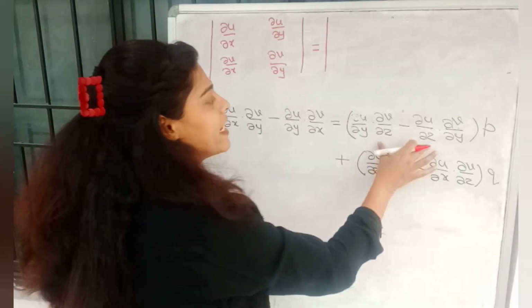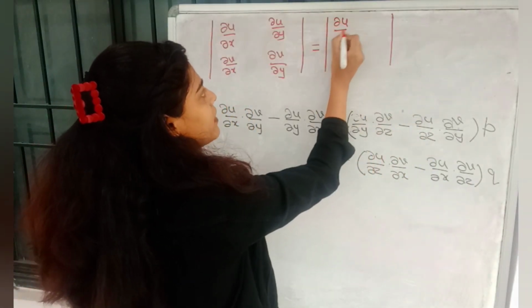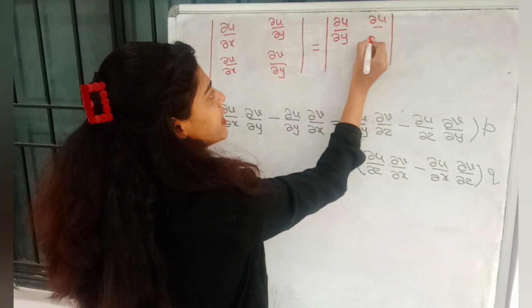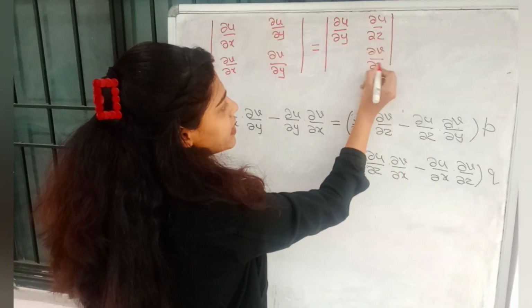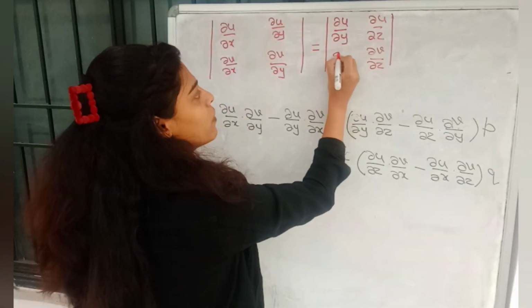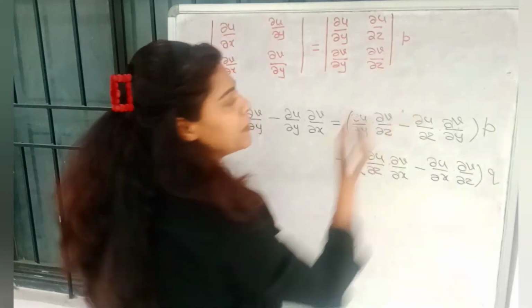Similarly we can write this term as: the first term will be ∂u/∂y and the second term will be ∂u/∂z. ∂u/∂y with respect to which term? ∂v/∂z. Similarly ∂u/∂z with respect to which term? ∂v/∂y, into, take the common element as the p element.